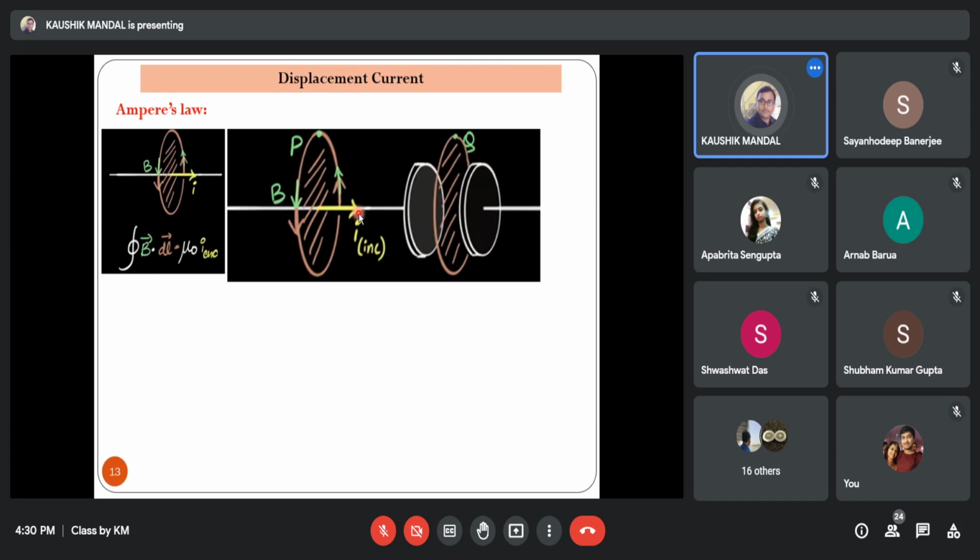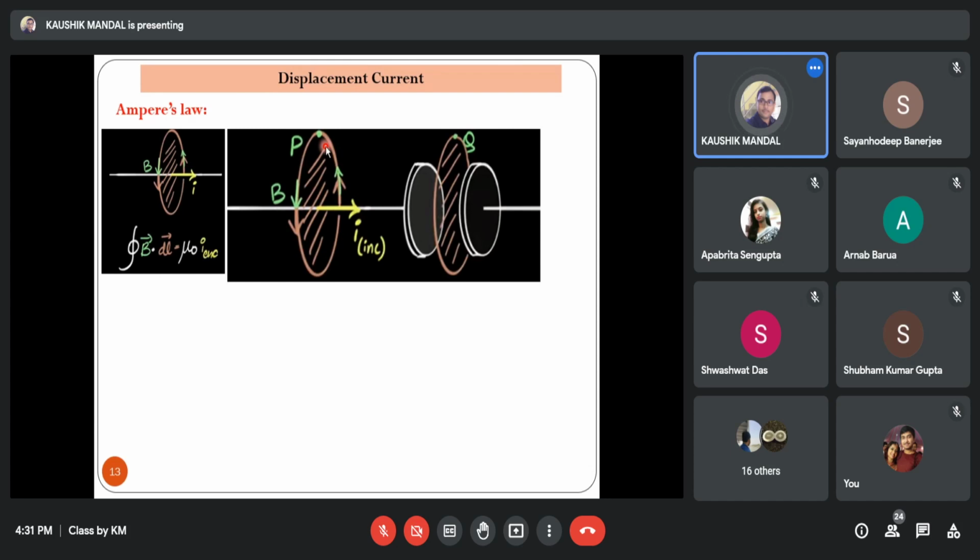This is the current through this particular conductor. Now, as per Ampere's law, if we consider a closed loop around this conductor, we can describe the magnetic field at this particular point P by this equation, because there is some current enclosed by this loop.